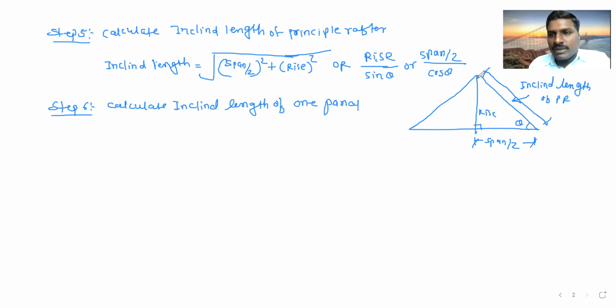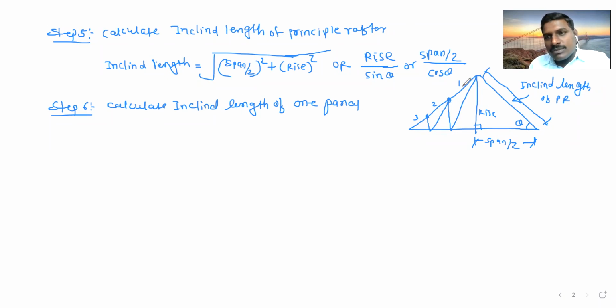One panel, it means what? If we use such a truss, here how many panels? 1, 2, and 3 panels are there. Total length is the inclined length of principal rafter. Are you getting? Total length is the inclined length of principal rafter.